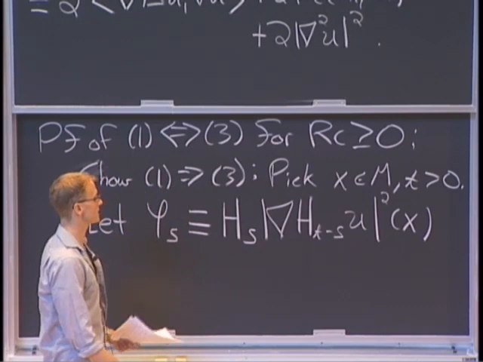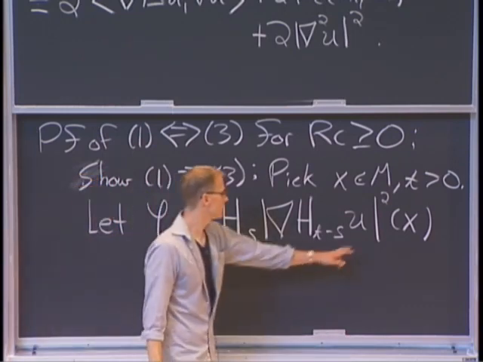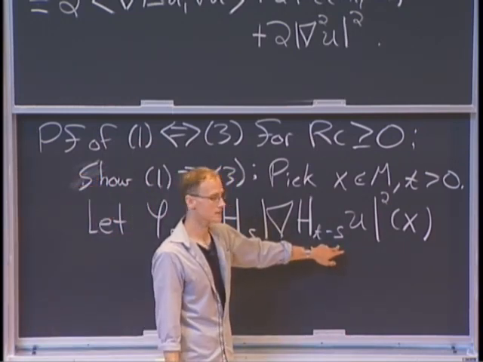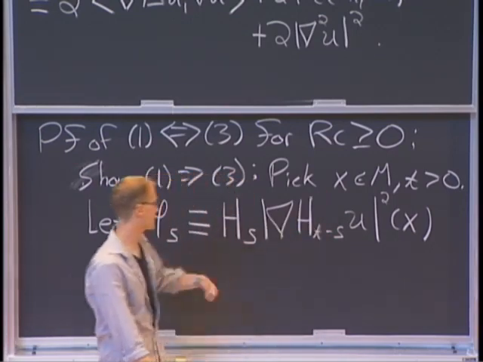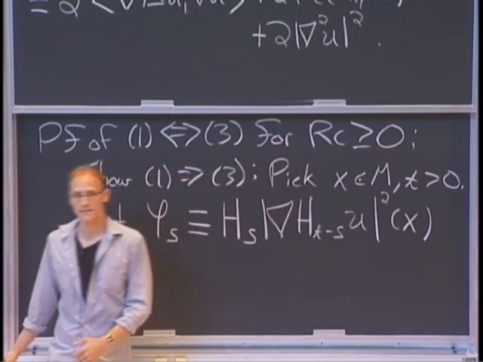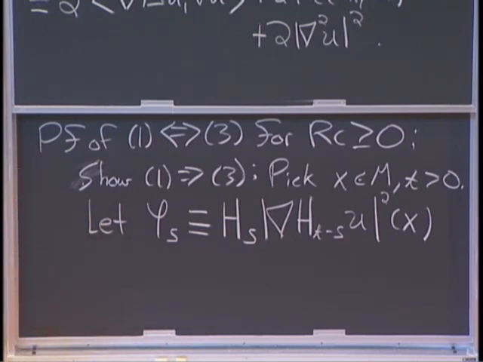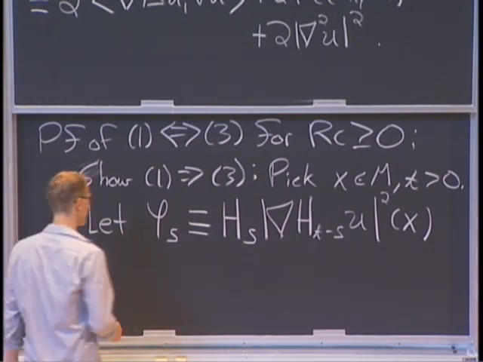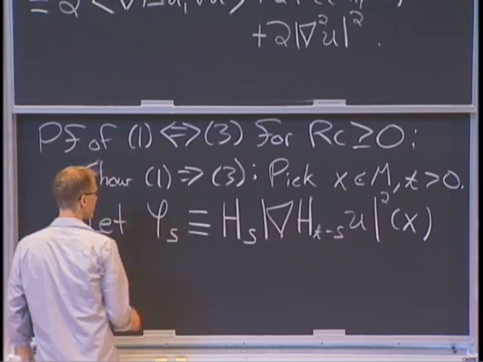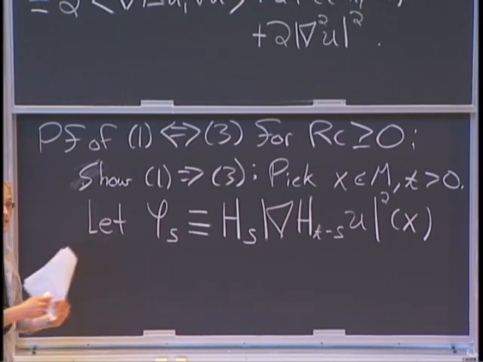For s between 0 and t, we take u, flow it by time t minus s, look at the gradient of this thing, square it, and then flow that by time s, and evaluate at x. Offhand, you might fairly think, why on earth would someone write this down? But there is something very interesting about this one-parameter family of numbers.